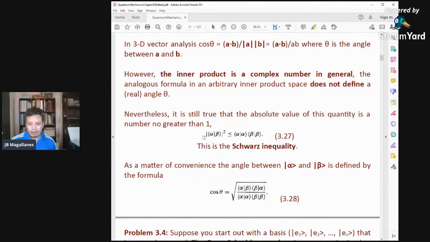Here, I just would like to present the Schwarz inequality to you. The inner product squared of alpha and beta is always less than or equal to the product of the inner products of each vector with itself.